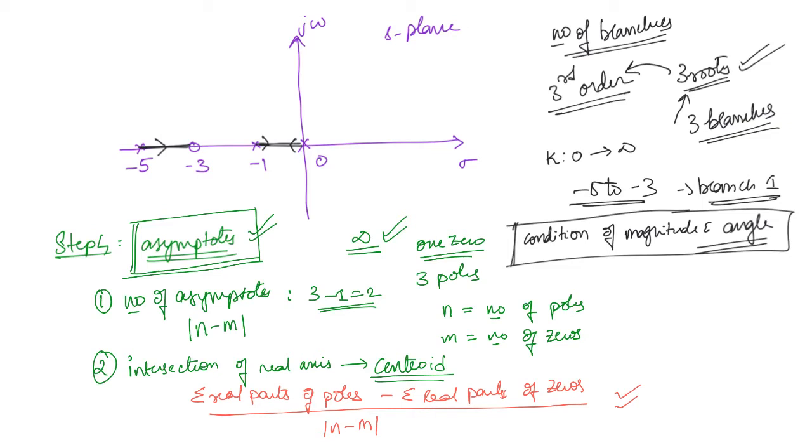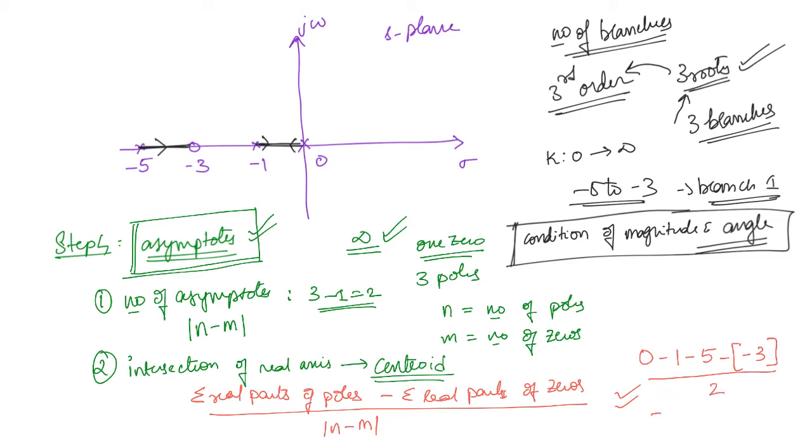So here we have only real poles and zeros. We do not have any imaginary part of the roots. So here the sum of poles will be 0 plus minus 1 plus minus 5, minus the sum of zeros. What is the zero? It is minus 3, divided by mod of n minus m, that is 2.